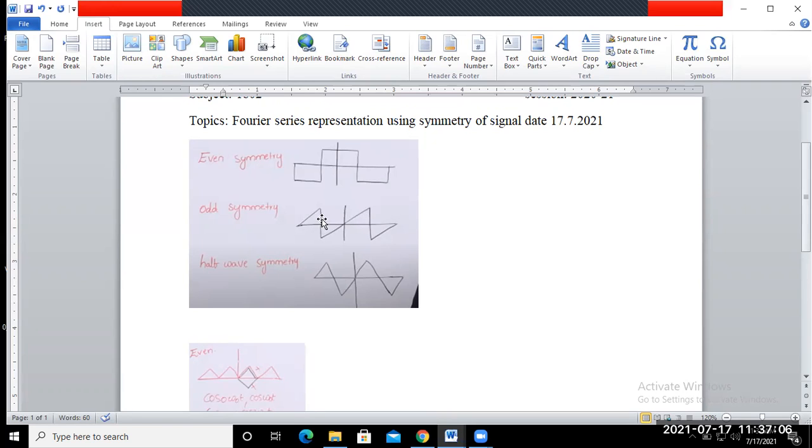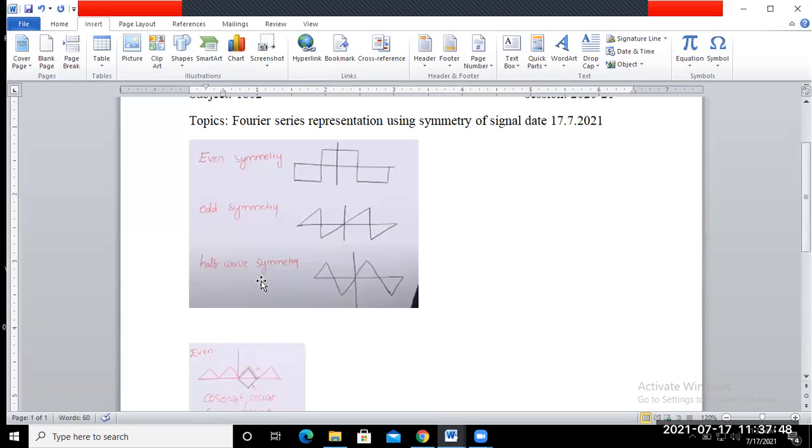Then take the reverse of that one, that means x(-t). If you invert this signal, it becomes minus x(-t). That's why it is known as odd symmetry. So for odd symmetry, the signal takes the mirror image and reverses it.